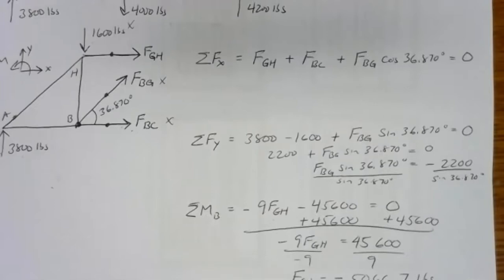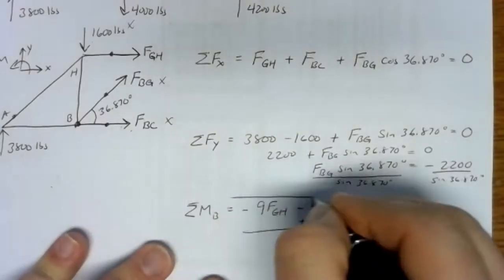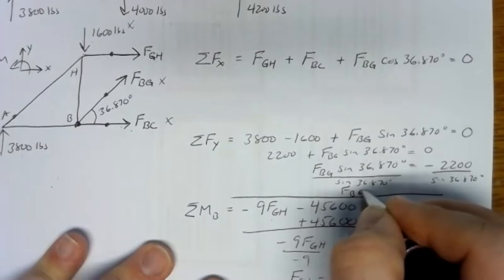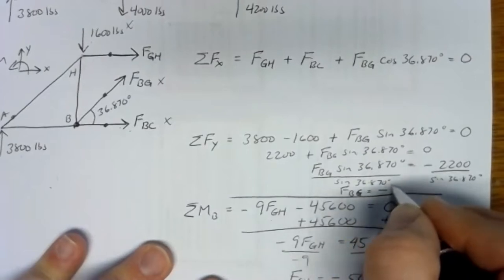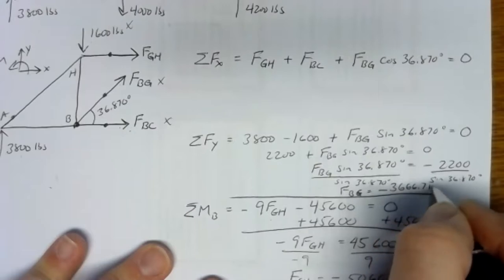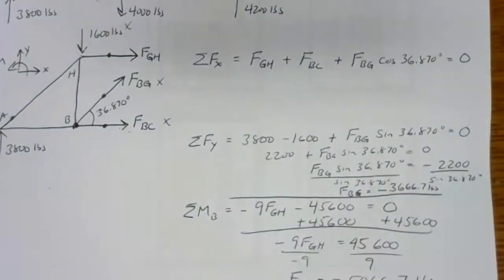That gives us negative 3,666.7. So FBG comes out to be negative 3,666.7 pounds. So again, a negative answer.